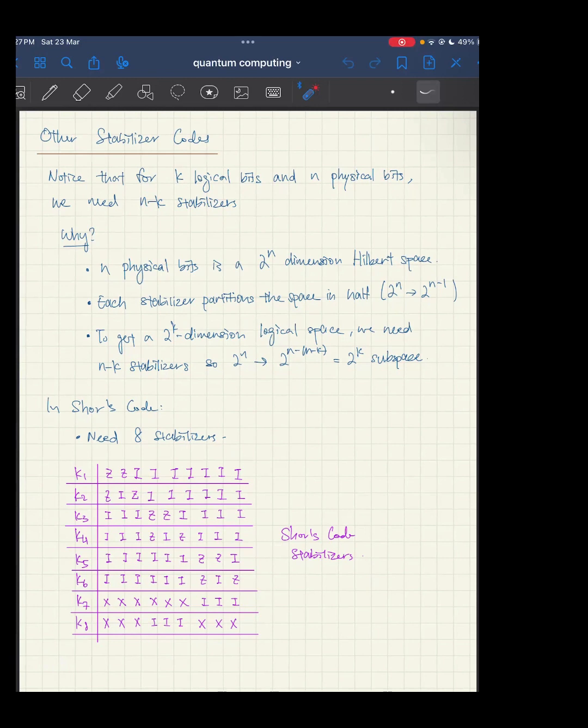Then the errors bring the code words, or the code space, into other eigenspaces, which we can detect and then bring back to the original code space.